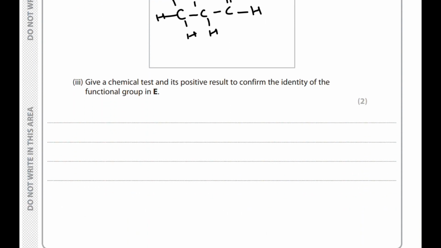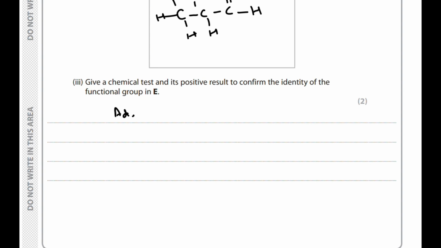Now give a chemical test and its positive result to confirm the identity of the functional group in E. So the functional group in E is aldehyde. So how can we test for the aldehyde? There are different tests which are used for the identification of aldehydes: the Fehling test, the Benedict solution test, or the Tollens reagent test. So you can write any of the tests. If you are writing the Benedict test, it will give red precipitates.